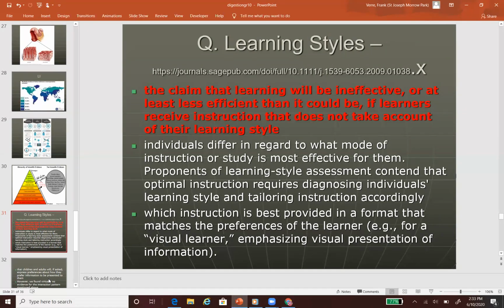Learning styles. Okay. So, how many of you believe that if you were to get material presented to you in the learning style of your choice, like a visual learner versus an auditory learner, whatever, that you would do better when being tested on that material?